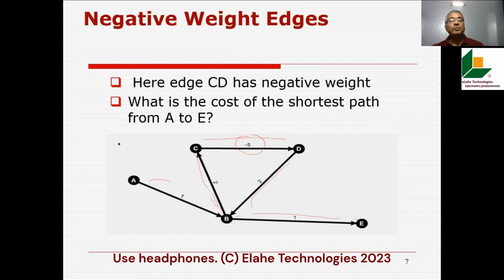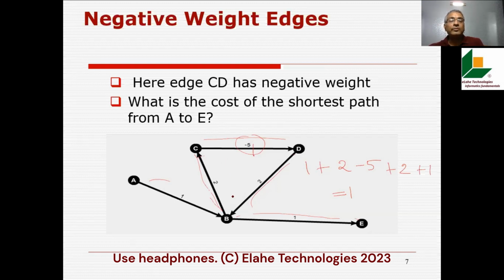That's 1 going from A to B, and then plus 2 going from B to C, and then a minus 5 going from C to D, and then a plus 2 going from D to B, and then a plus 1 going from B to E. If you add up the numbers, you'll see that the cost is 1. So the previous cost of ABE was 2, and then we can reduce that cost to 1 just by making a detour via C and D.